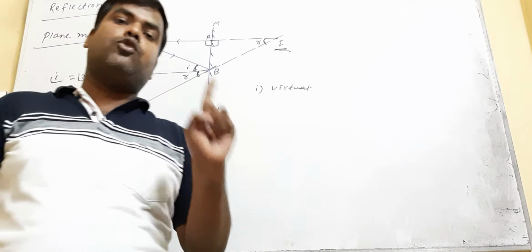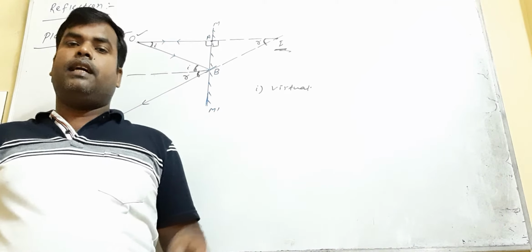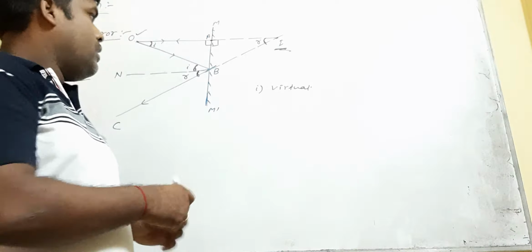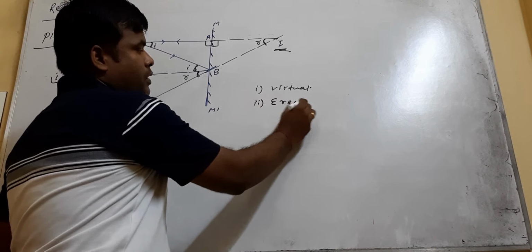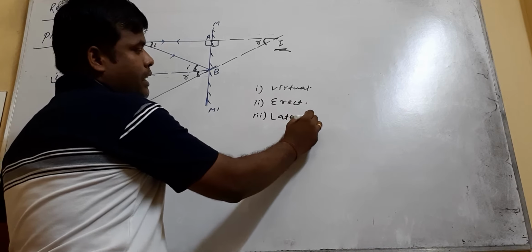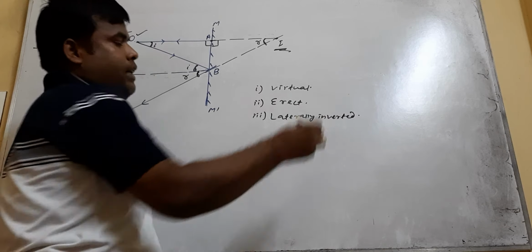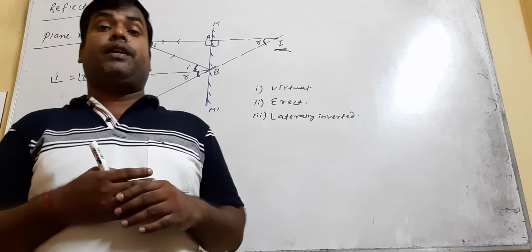When the image is virtual, then it is erect. When the image is real, then it is inverted. Here it is an erect image. Now it is laterally inverted. Another important point is that the image is laterally inverted.